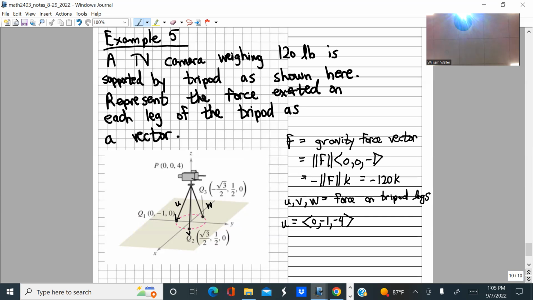But now what's the possible issue here with the vector U? The way we wrote U, we can compute its magnitude. But the magnitude of that vector has to match, because this is a force vector. The magnitude has to match the force on the tripod leg. So this may not be quite correct. How could we adjust the magnitude of this vector U, because the direction is correct?